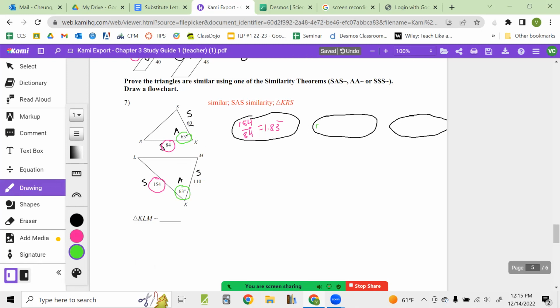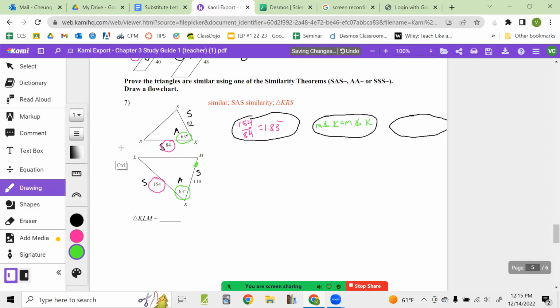So I can write measure of angle K is equal to measure of angle K. So in this example, they gave us the same letter, so we just use the same letter. If this was a B, then you would use a B over here. But that's not what happened.